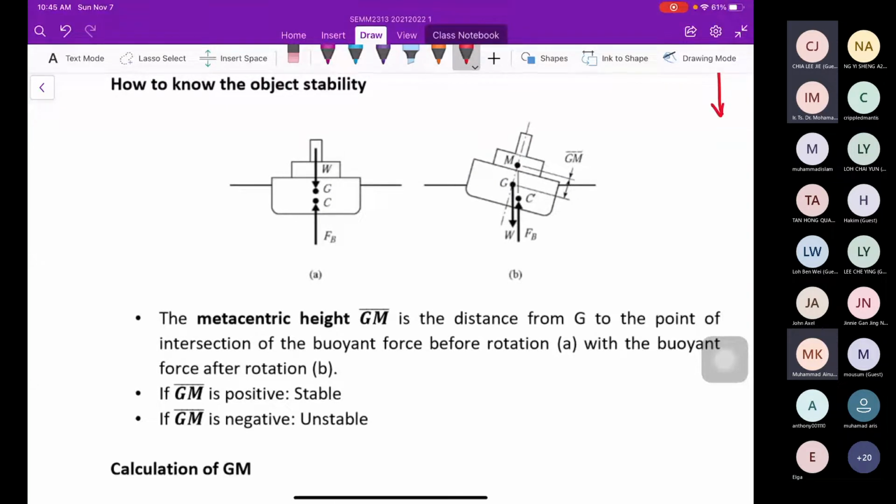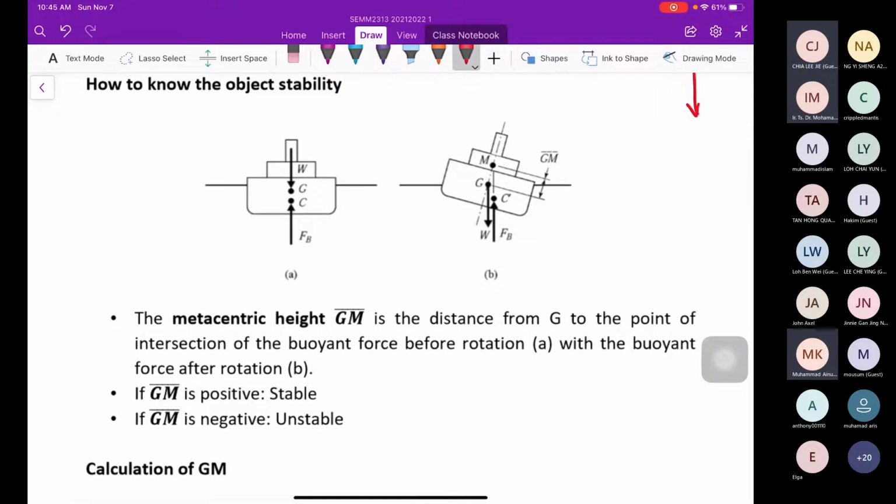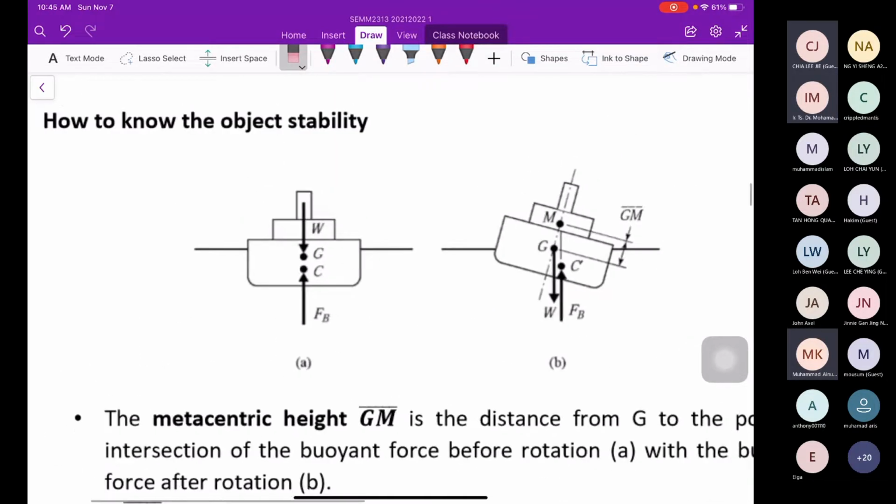The metacentric height, referred to as GM, is the distance from G to the point of intersection of the buoyancy force before rotation, which is A, and the buoyancy force after rotation, which is B. I highlight again: this is before rotation, this is after rotation.